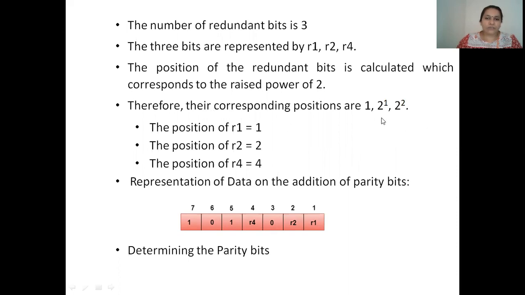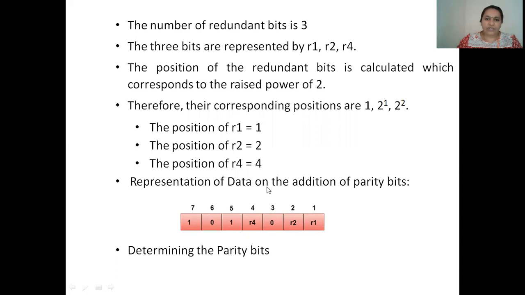Therefore, the corresponding positions of R1, R2, R4 are calculated by their values of 2 raised to the powers of 0, 1, 2, and so on. So the position of R1 is equal to 1, the position of R2 is 2, and the position of R4 is 4 in the data transmission.